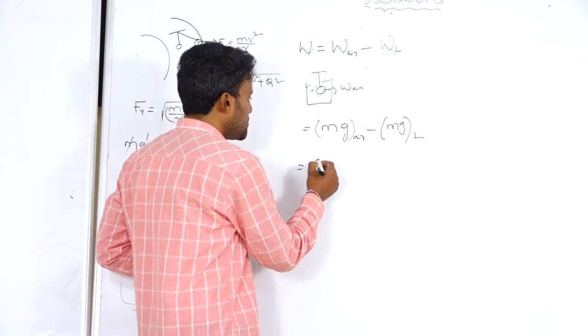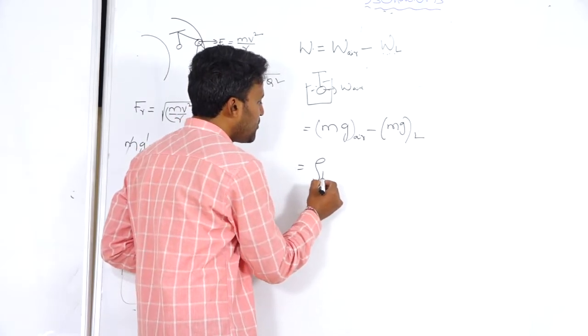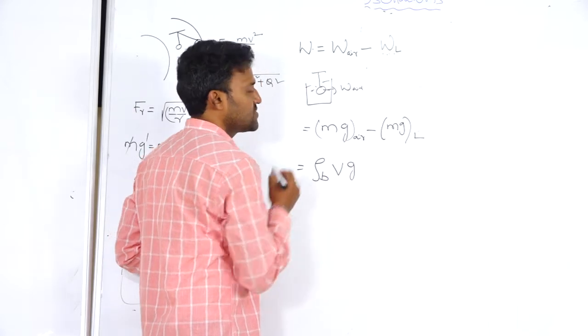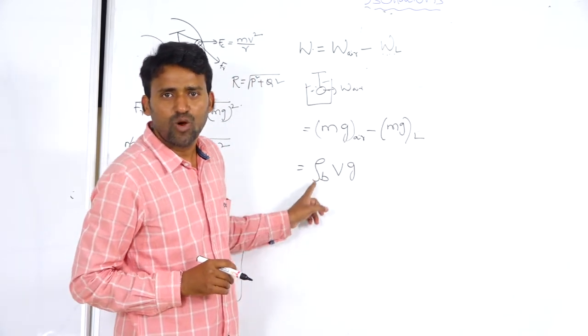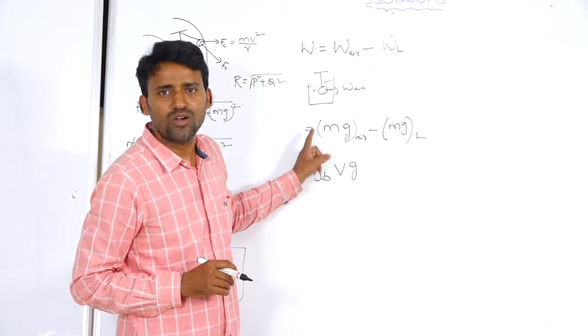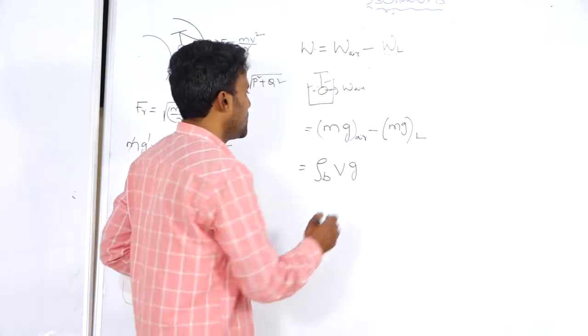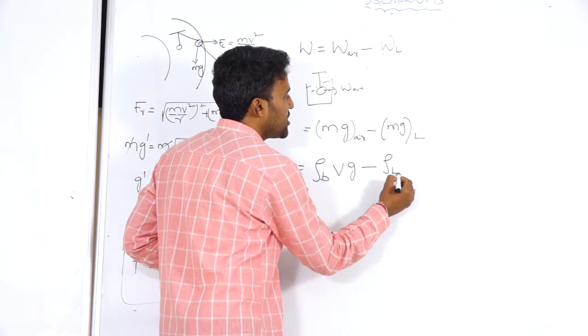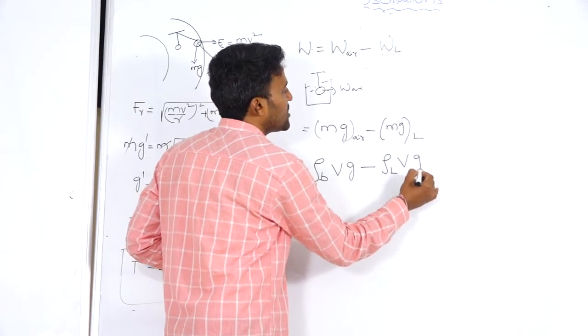Density into volume. So I am writing density of the body into volume into g, minus density of the liquid into volume into g.